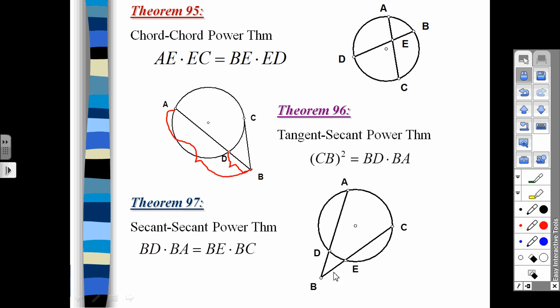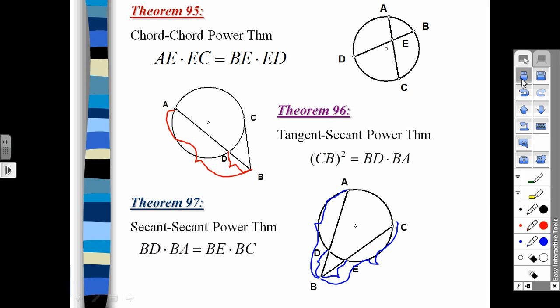So now we have two secant segments, and you notice that we have two parts that are outside of the circle, these two little segments down here. We have chords, right? But we also have the entire secants, AB and CB. So the secant power theorem says that you're going to take dB, this little piece that's outside of the circle, and you're going to multiply it to the entire secant, and that will equal to this other little piece that's outside of the circle multiplied to the entire secant.